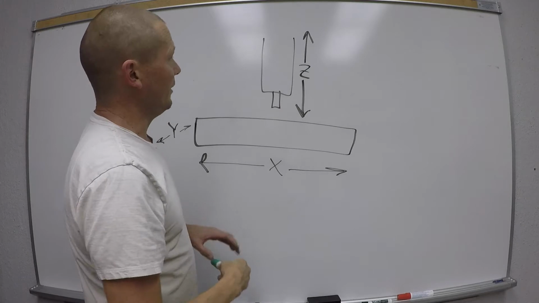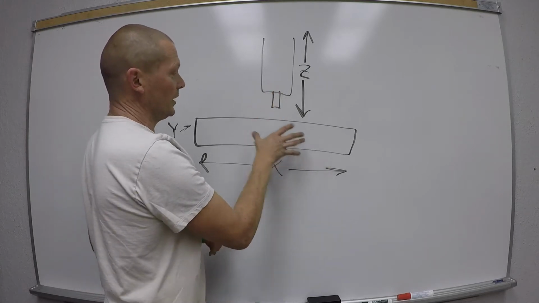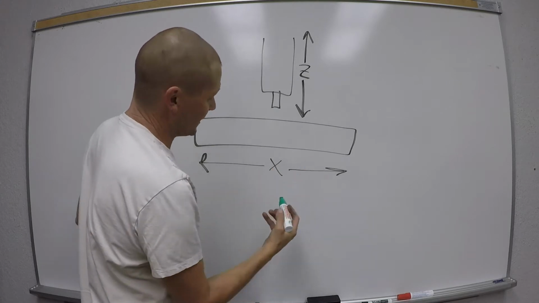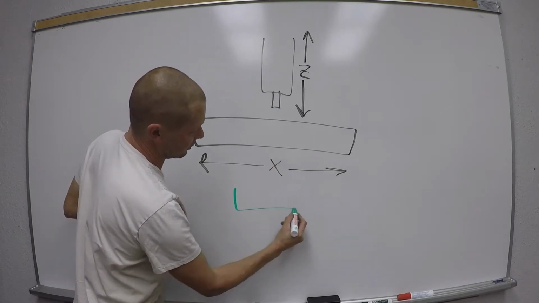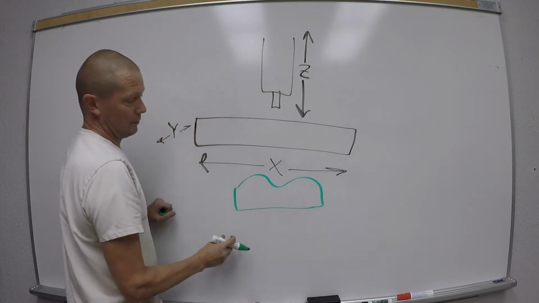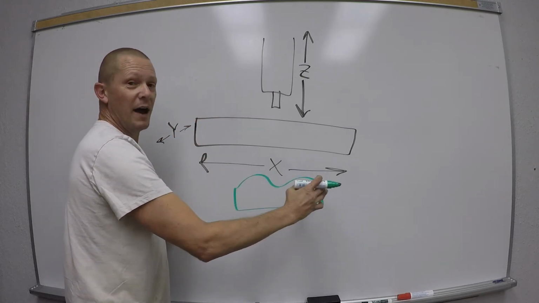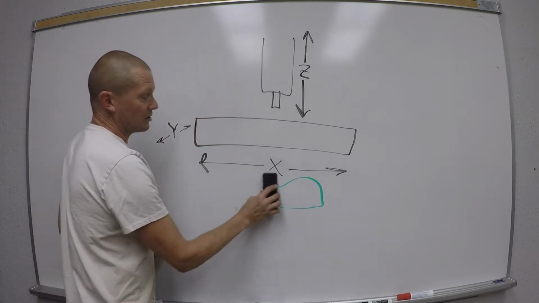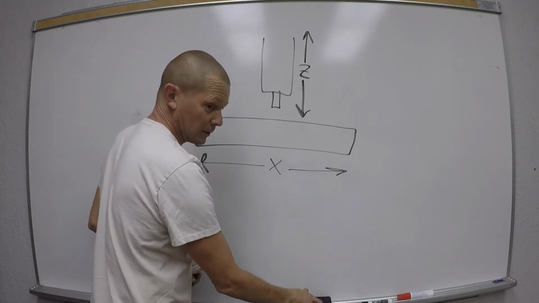Now, not only can the table move and cut that puzzle-like looking piece, we could add a second profile to it. So here's our part, and the top of it could have a wave pattern in it. That is what's known as 3-axis CNC machining.